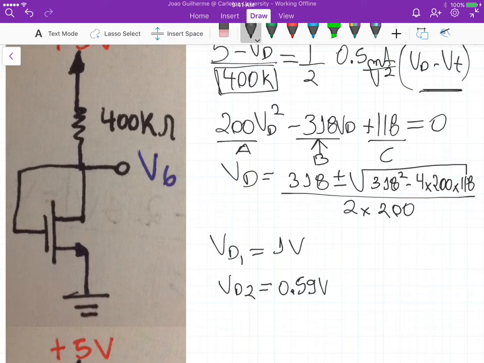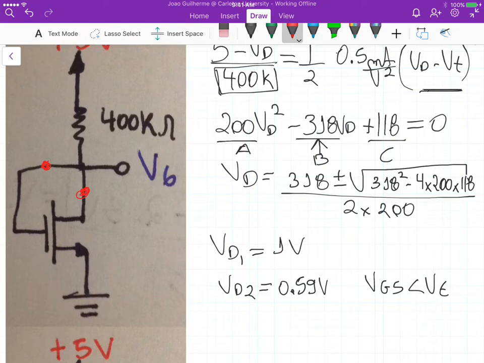The thing is that if we use 0.59 volts for VD, remember that VG is equal to VD, and this gives us a VGS that is less than VT, right? Because the voltage at the gate is the same as the voltage at the drain.